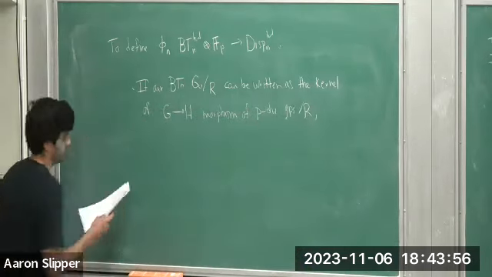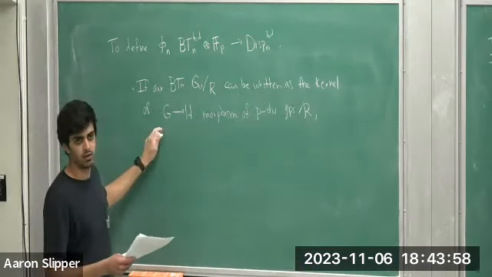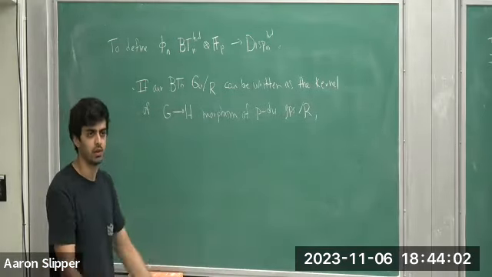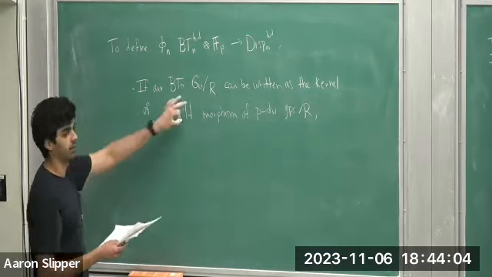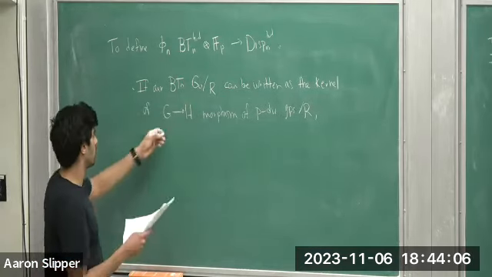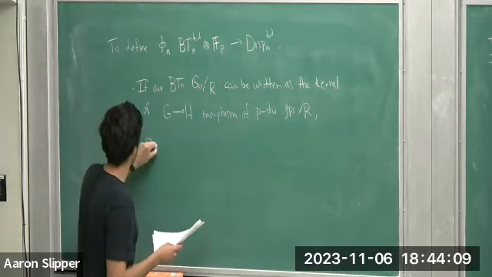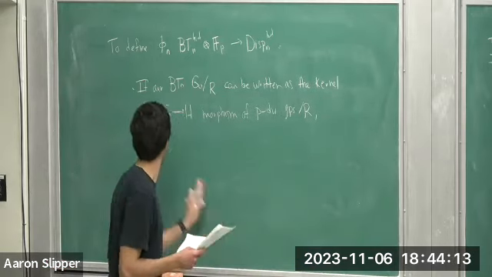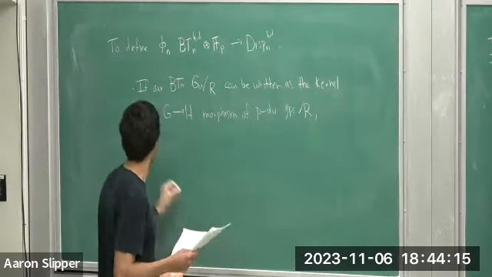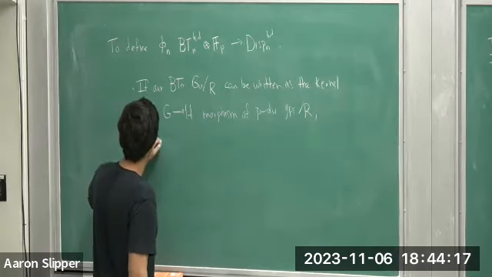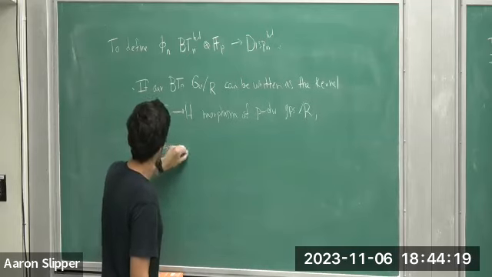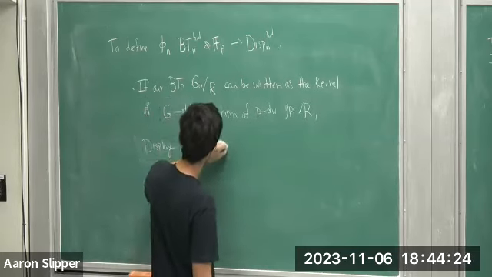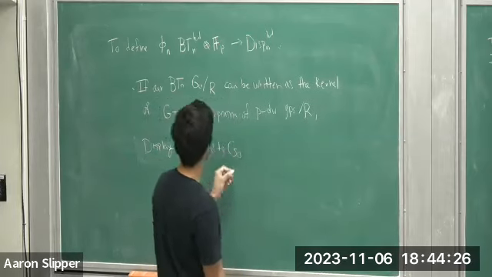The idea will be to take the displays associated to G and H, truncate and then take the cokernel of the resulting morphism to define our display.